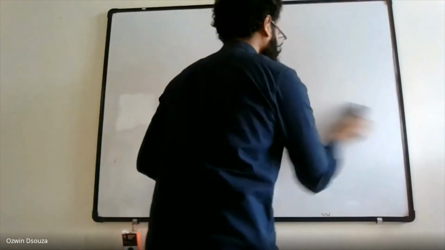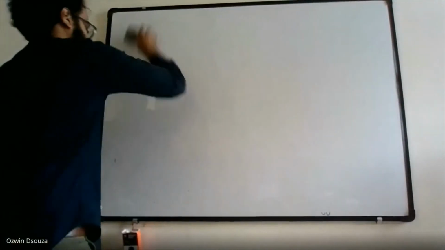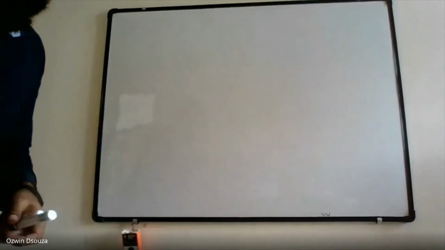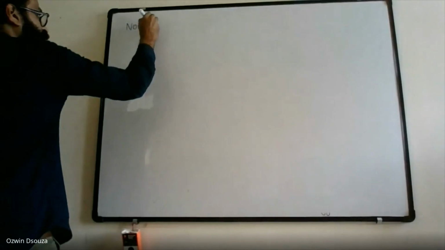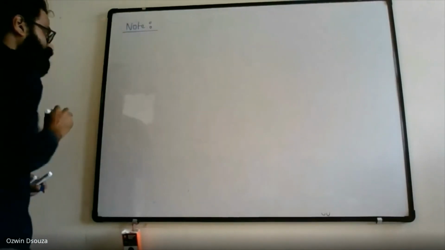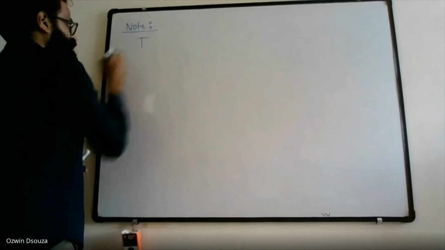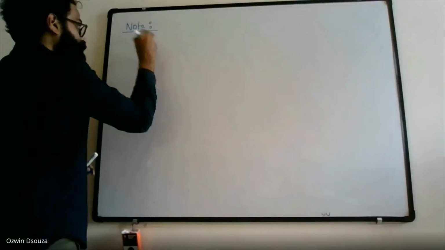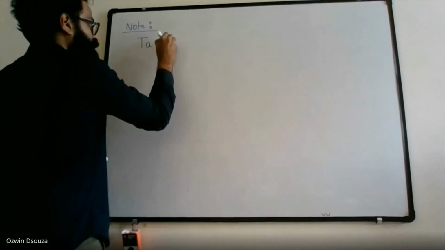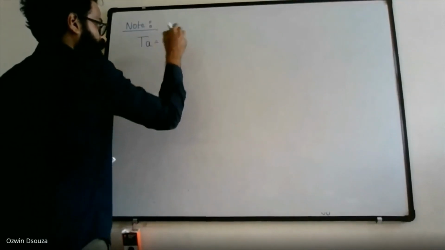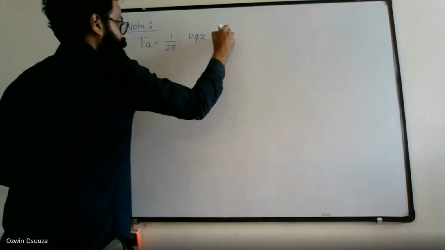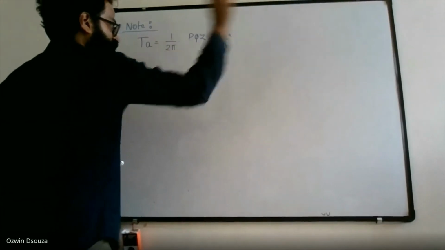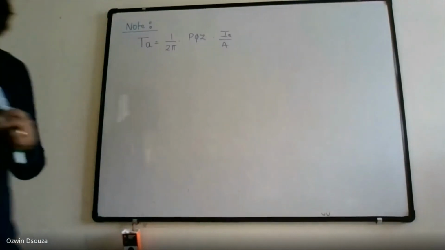This will help you in solving the problems. So we have derived an expression for torque developed in the armature, TA. So we found TA as 1 over 2 pi into P phi Z into IA by A. So this is the expression for torque.